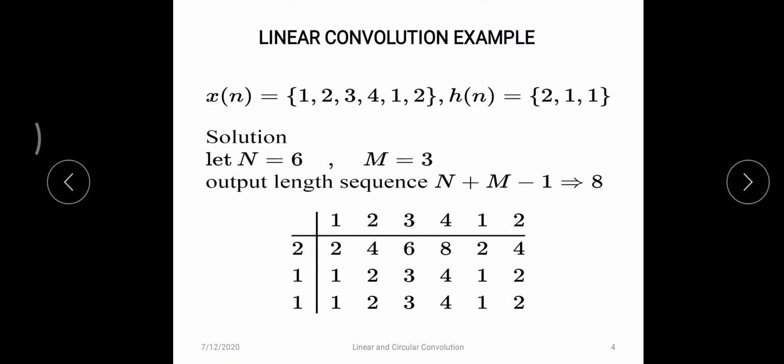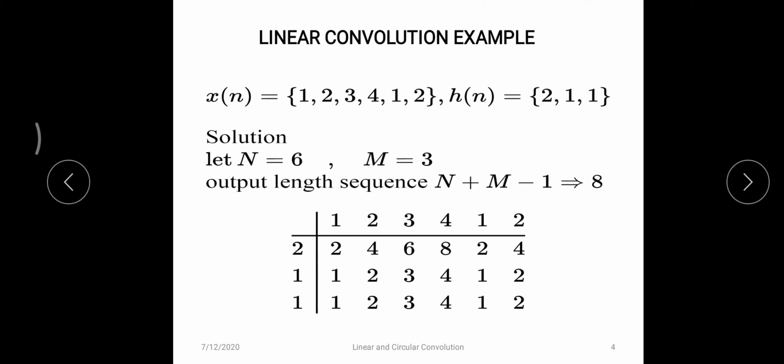It is simply a multiplication. Just multiply 2 into 1, 2 into 2, 2 into 3, 2 into 4, 2 into 1, 2 into 2 and so on. Similarly, take the second element of h of n, multiply it with all the elements of x of n and place it in the second row. Similarly, take the third element of h of n, multiply it with all the values of x of n and place it in the third row.